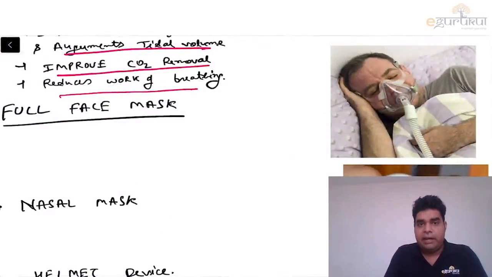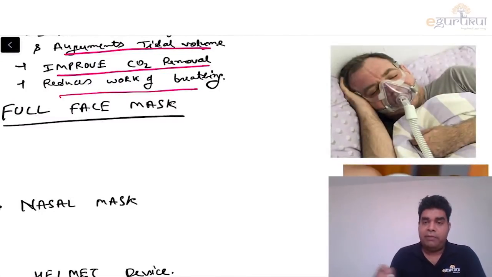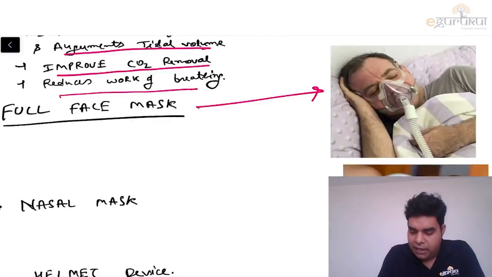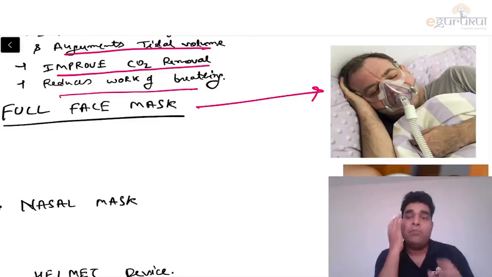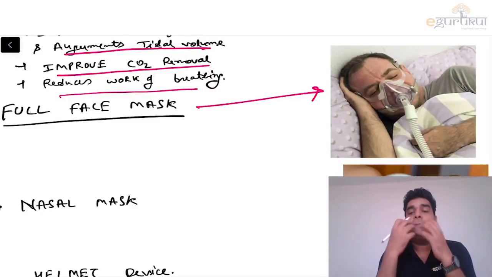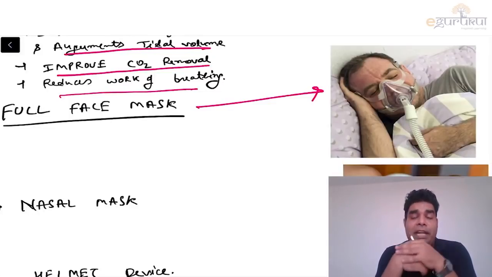Now, there are different types of masks which we use to give the BiPAP. One is the full face mask, which you can see here. The patient is using the full face mask. There are some limitations to every mask of such type. One thing is that this full face mask can cause problems if the patient is not comfortable with it.